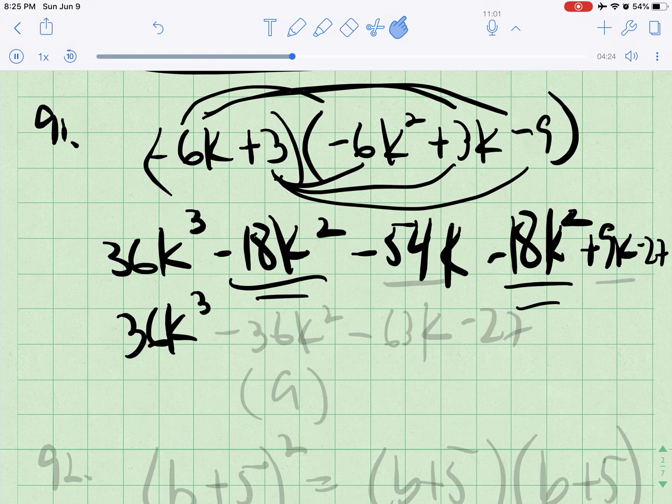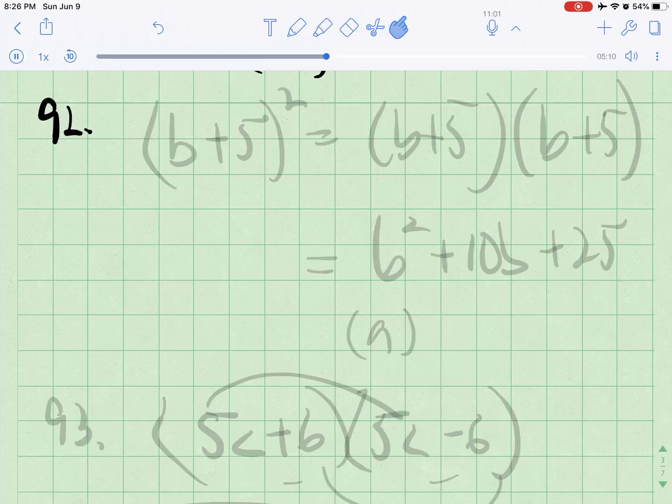These are the k squareds, so that's negative 36k squared. These are the k to the first, so that's minus 45k. Minus 27. So 91 is choice... Okay, so this is not 45. They're both negative. So this should have been 63. Okay. So that makes it choice A.